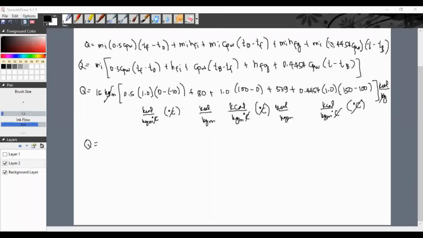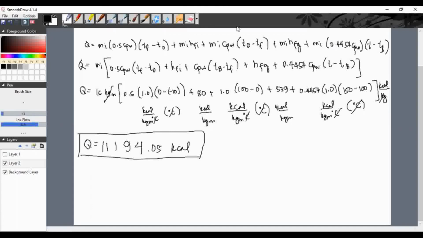Okay, so punch natin sa calculator. We have Q is equal to 11194.05 kilocalories. At ito po ang sagot, or this is the heat needed to convert the ice from -10 into steam at 150 degrees Celsius.